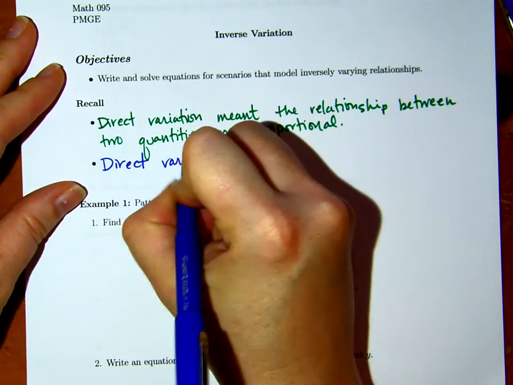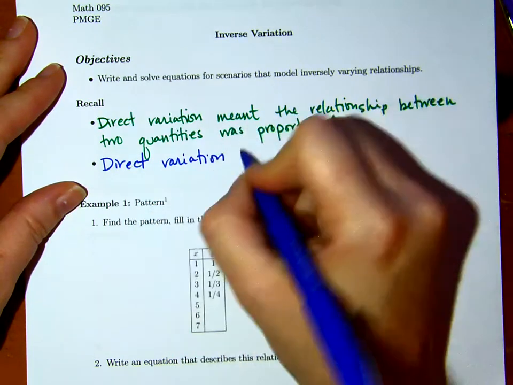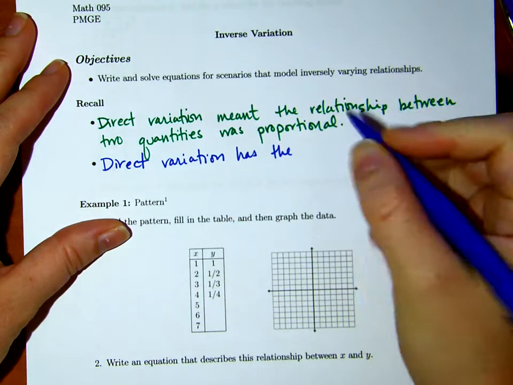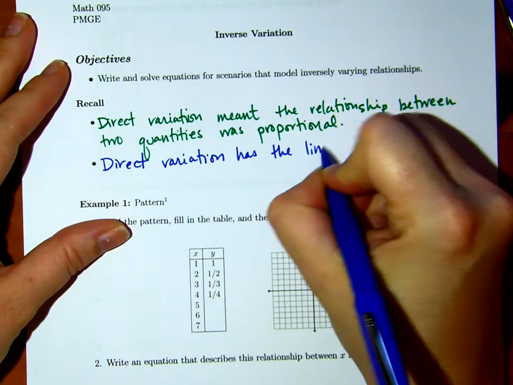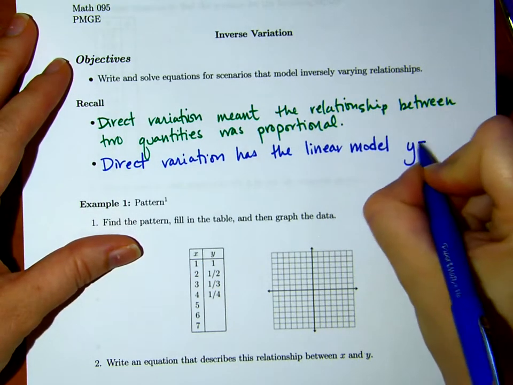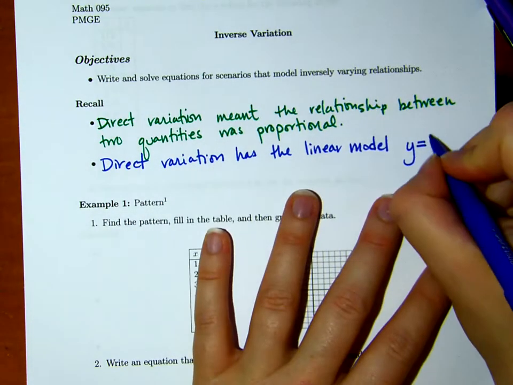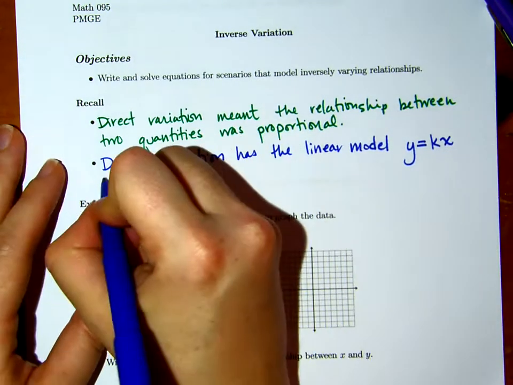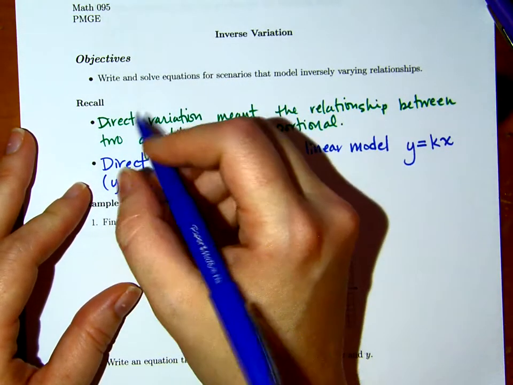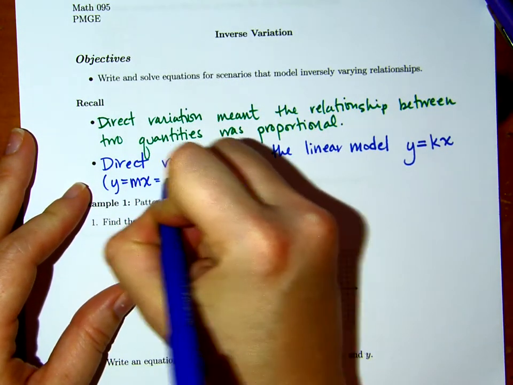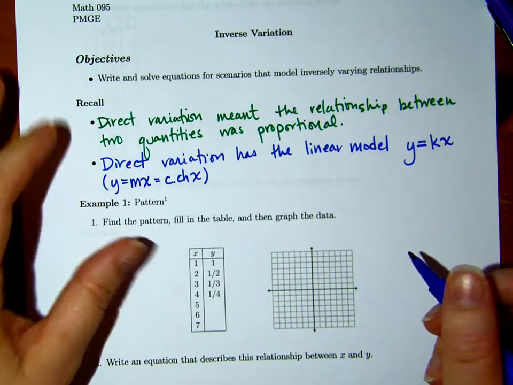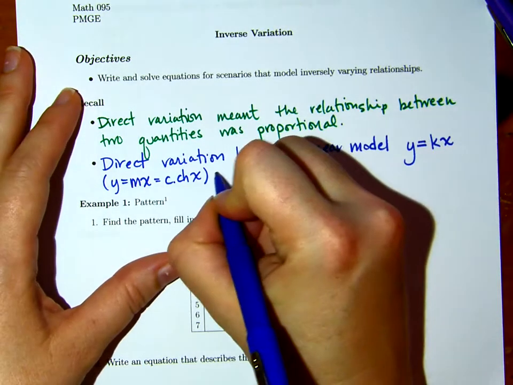So direct variation has the linear model y equals kx, or if you prefer y equals mx or constant change times x, with 0 as its initial value.